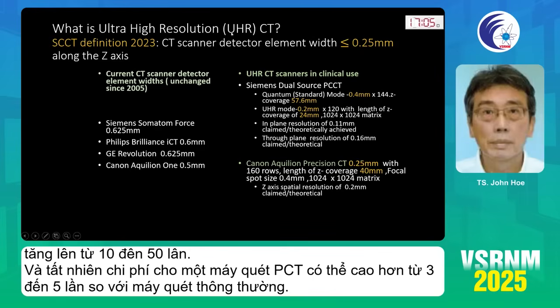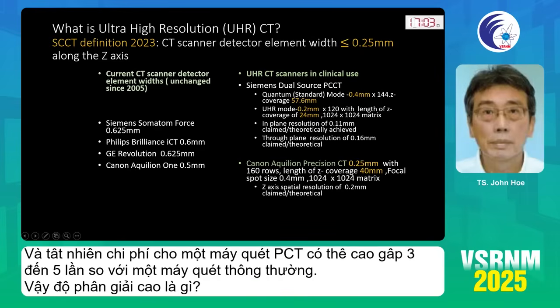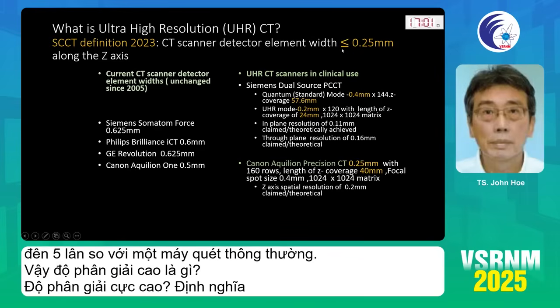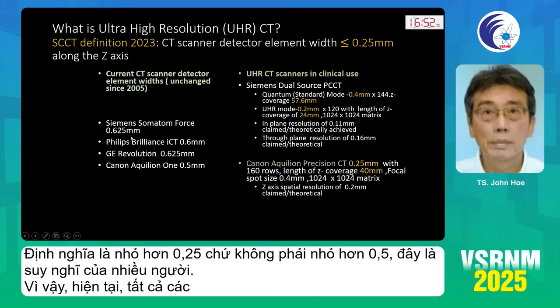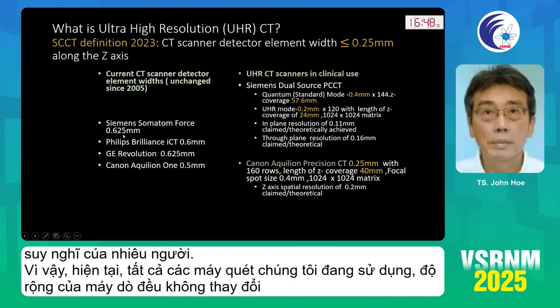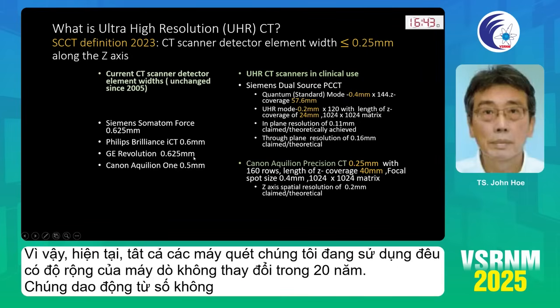So what is high resolution, ultra high resolution? The definition is less than 0.25, not less than 0.5, which a lot of people think. So currently all the scanners we're using, the detector widths have not changed for 20 years. They range from 0.625 to 0.5.